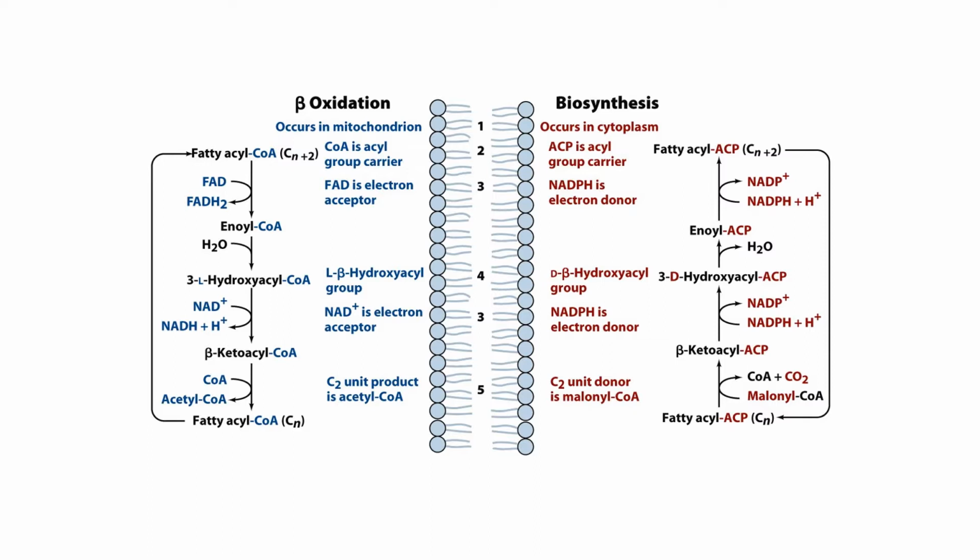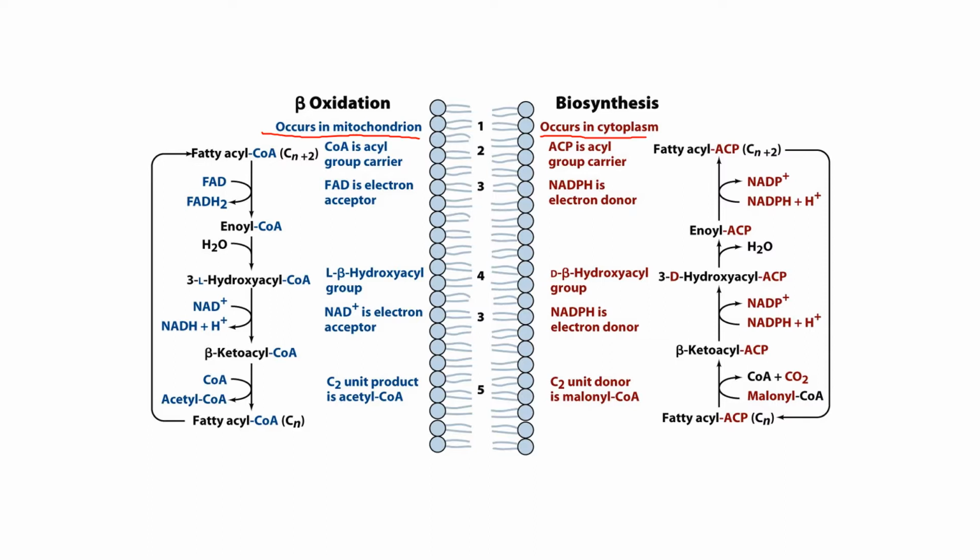This figure just highlights the reactions and the players in beta oxidation and biosynthesis of fatty acids, keeping in mind that beta oxidation occurs in the mitochondrial matrix, while biosynthesis occurs in the cytoplasm.